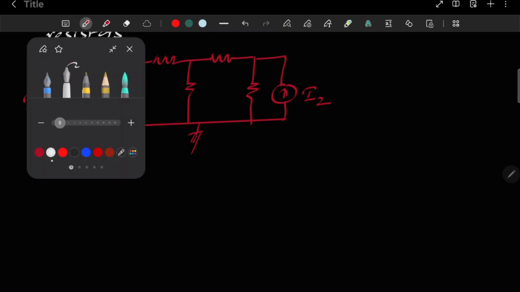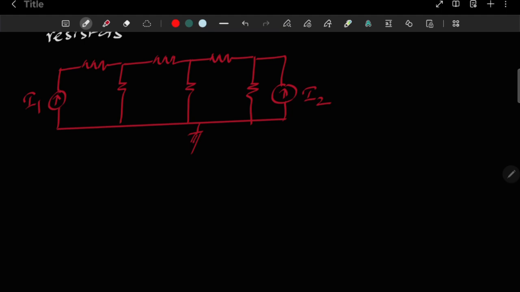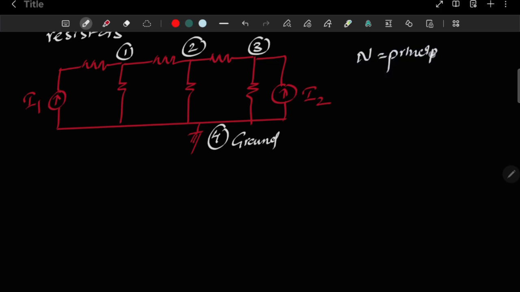Then I will take it: the first principal node, the second principal node, the third principal node, the fourth principal node, and it is ground or reference. We know already if you have n principal nodes, then how many KCL equations are required?